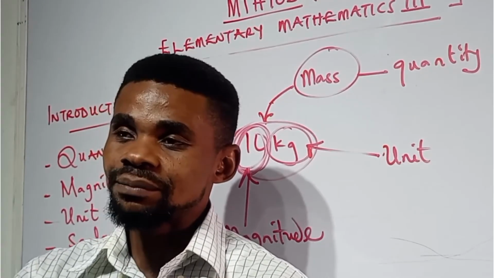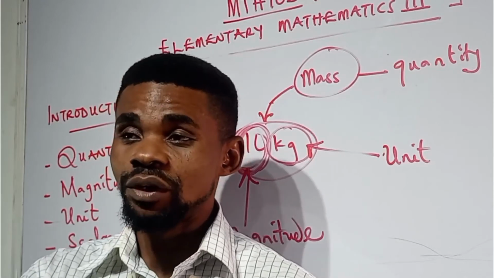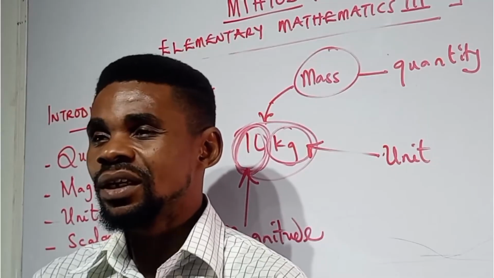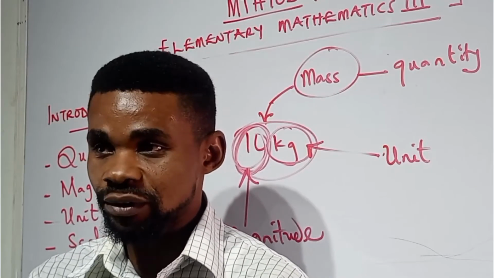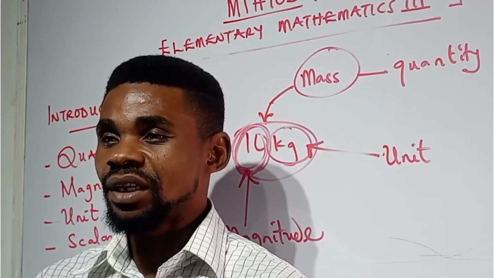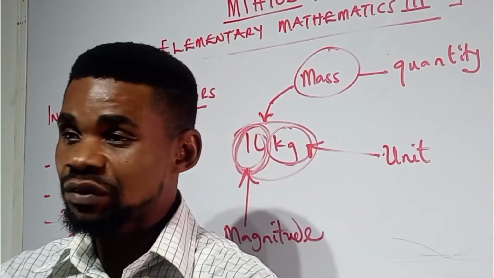So that rate of change of velocity, or the change in velocity in a specific time, is what we call acceleration. Acceleration cannot occur without applying force, and that is what makes acceleration a vector quantity, because it involves force, and that force is applied in a specific direction.